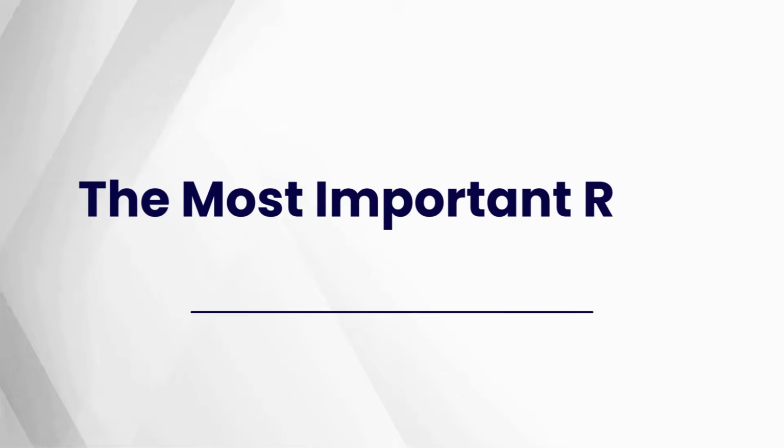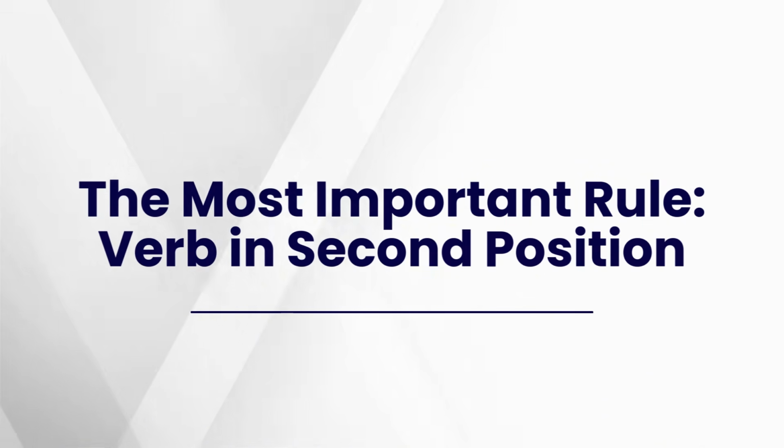Now, this is where things often start to feel tricky, when we move beyond simple subject, verb, object sentences. So before we add anything new, there is one rule I want you to keep firmly in mind. The most important rule in German is that the verb is in the second position for statement sentences. If you remember one single concept from this video, make it this one.